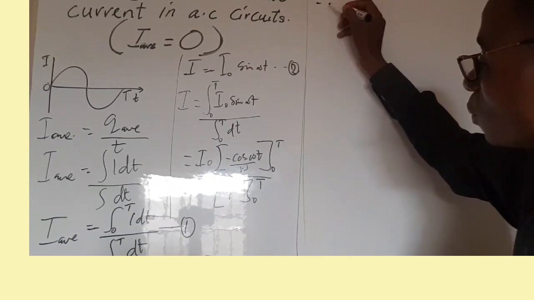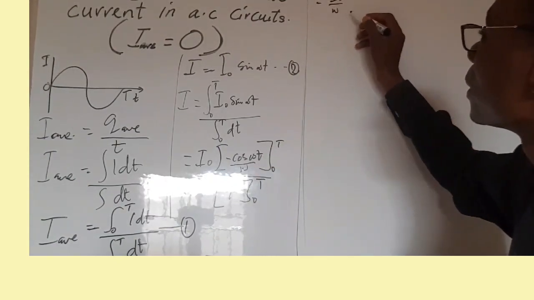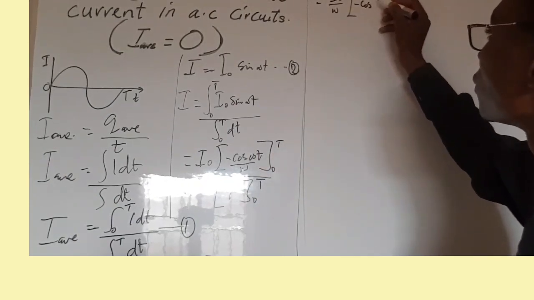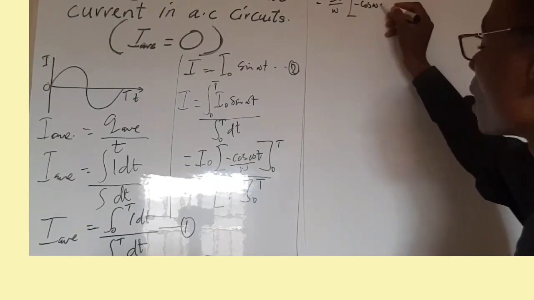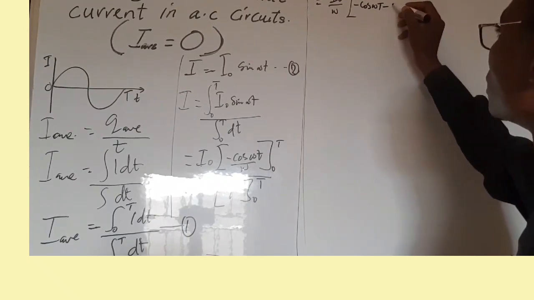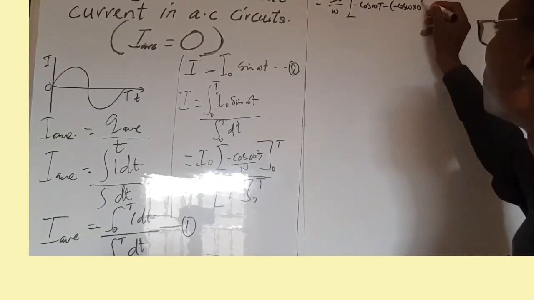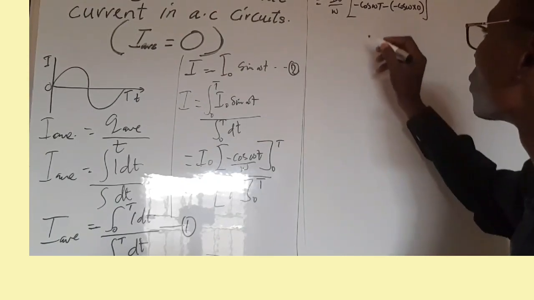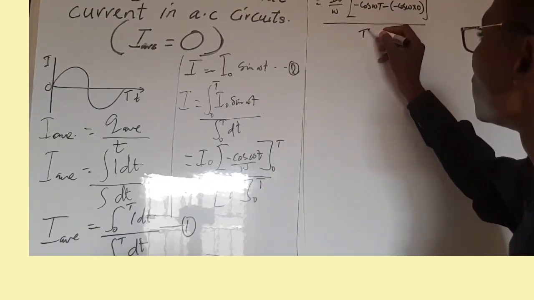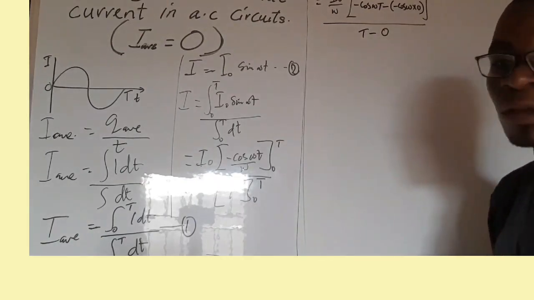So this is equal to I naught, omega here is constant, so over omega, then into, we are substituting now, we have minus cos omega t, then minus into minus cos omega times 0, because the lower limit is equal to 0, all over T minus 0, because the upper limit is T and the lower limit is 0.